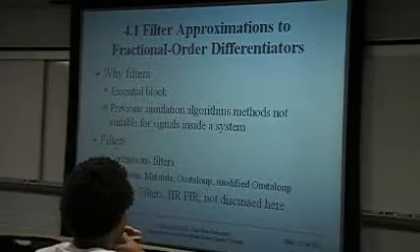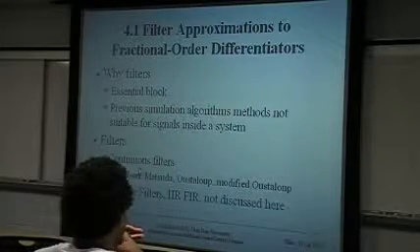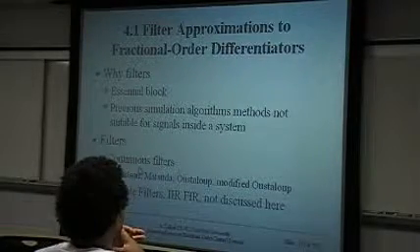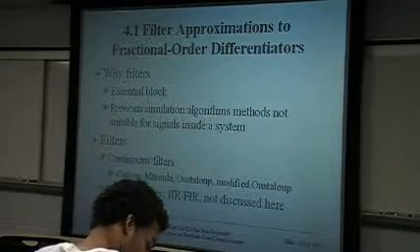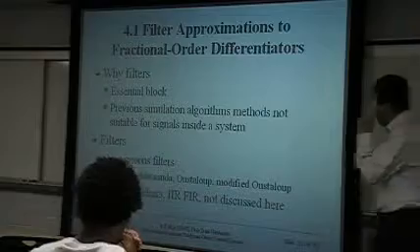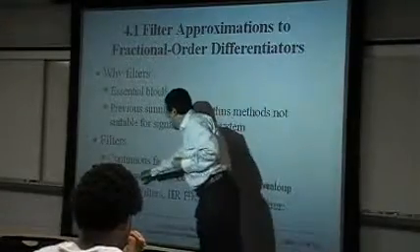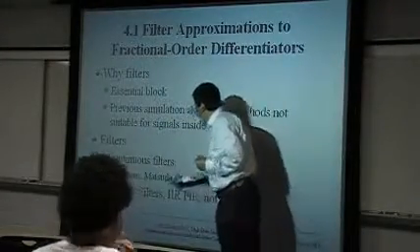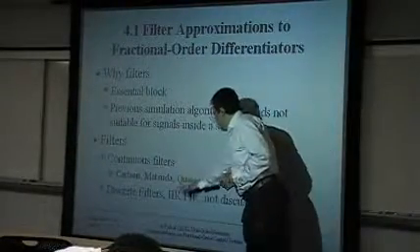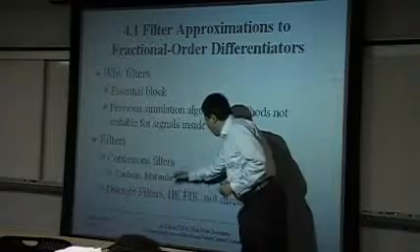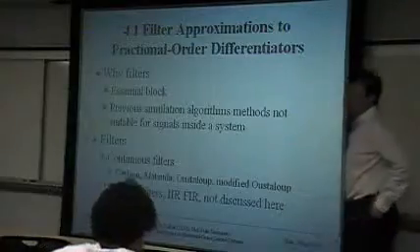And there are quite a lot of filters for fractional order differentiators. You check the literature, you will find quite a lot. You may see for continuous filters there's the Carlson differentiator, and there are others. And among them, I think of the previously existing filters, the Oustaloup one is the best.